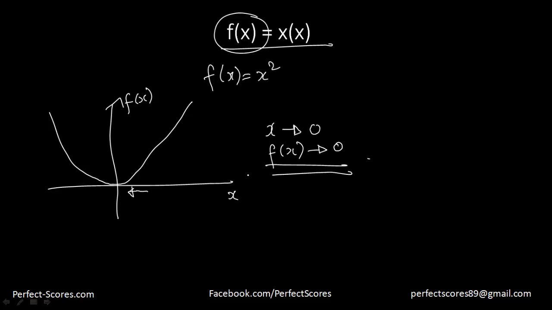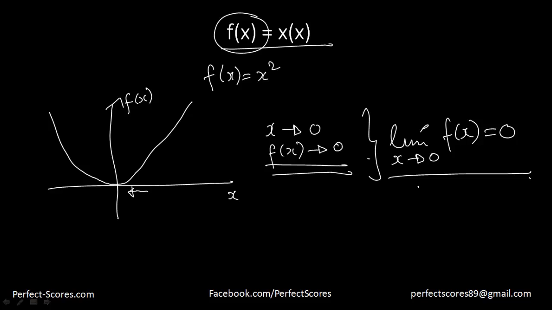And this is what I am interested in here. If you limit x to 0, then what will f of x become? f of x will become 0, right? So this is how you denote a limit.